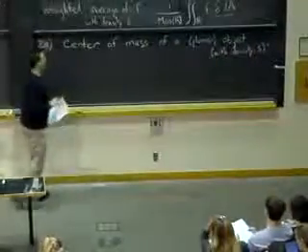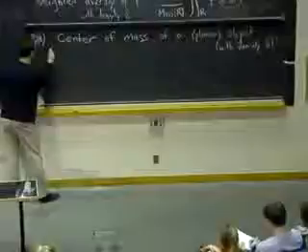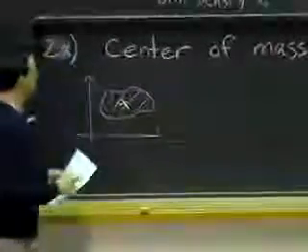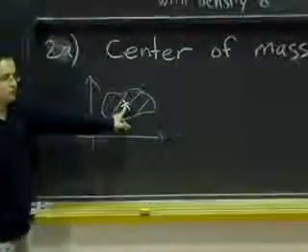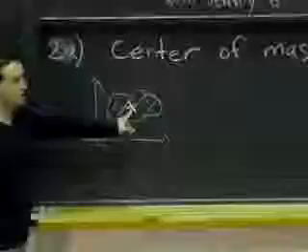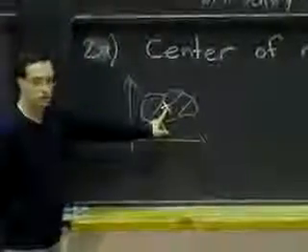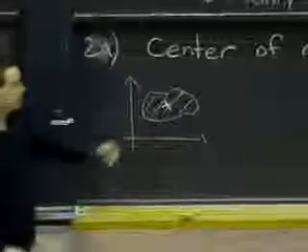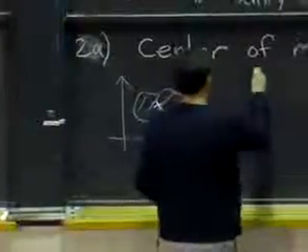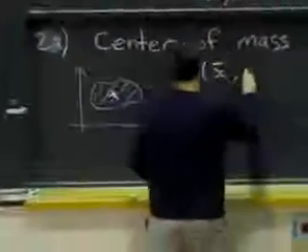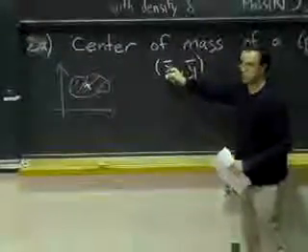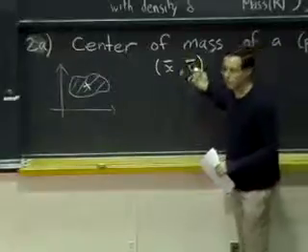Well, if you have your object in the xy plane, then the coordinates of its center of mass will just be the weighted averages of x and y on the solid. The center of mass will be at a position that I will call x bar, y bar, and these are really just the average values of x and of y in the solid.